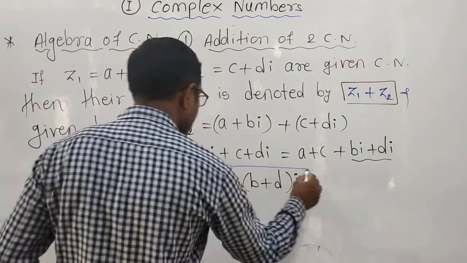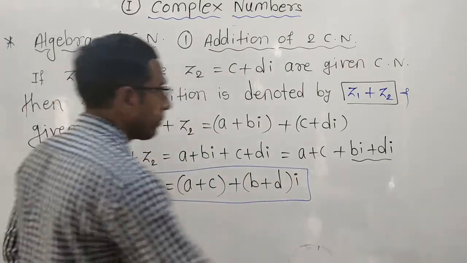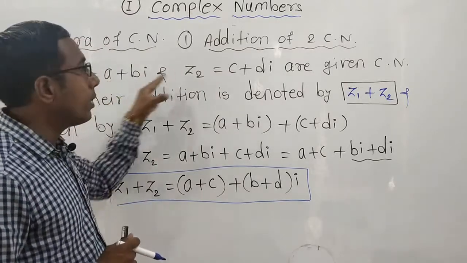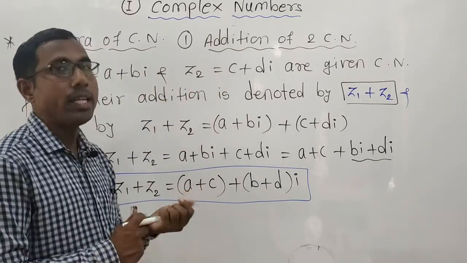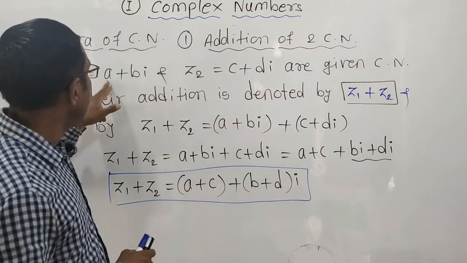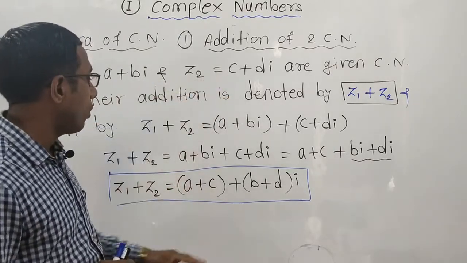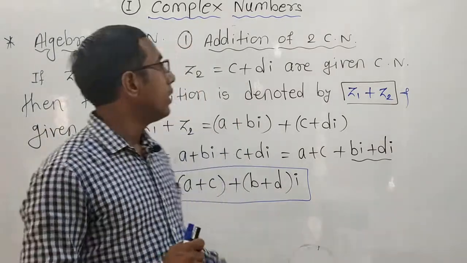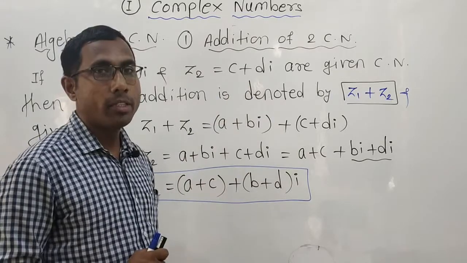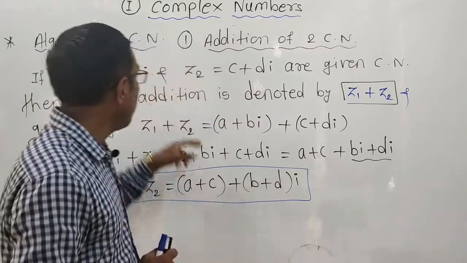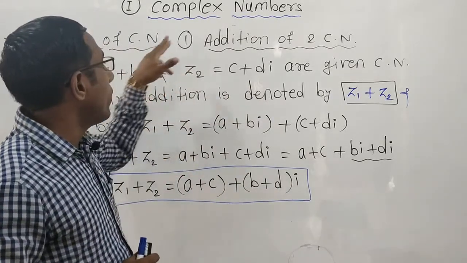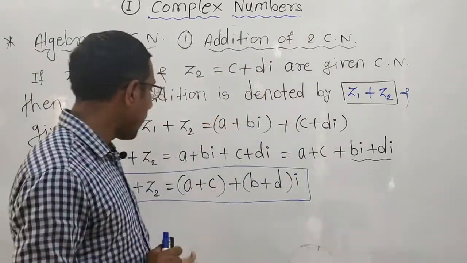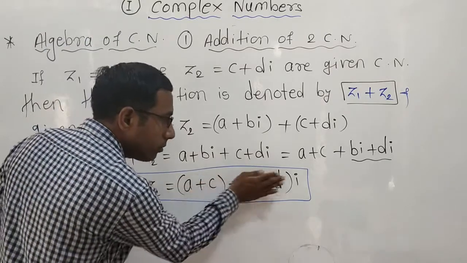Now just observe this formula. What is a plus c? a is the real part of the first complex number, c is the real part of the second complex number, means real part is added with real part. What is b? The imaginary part of the first complex number. What is d? The imaginary part of the second complex number. And b plus d means the imaginary part of the first is added with the imaginary part of the second. a plus c is real, this is imaginary.